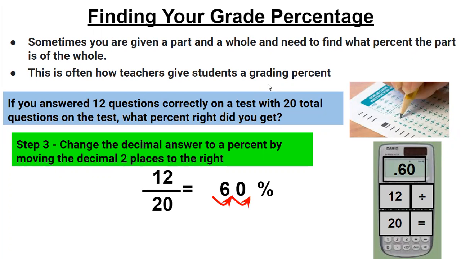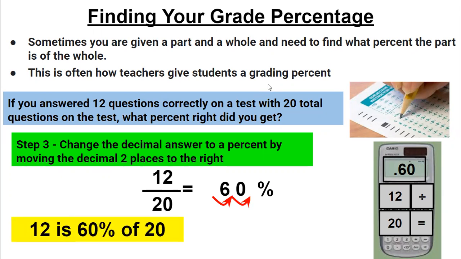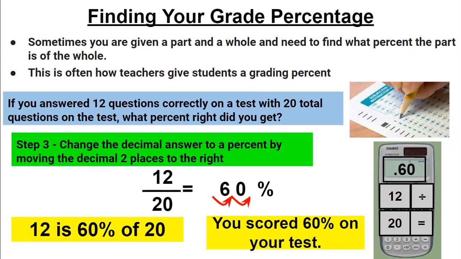So 60% was your grade. 12 is 60% of 20. You got a score of 60%. That's probably a 2 on your report card, getting very close to a 1. You scored 60% on your test.